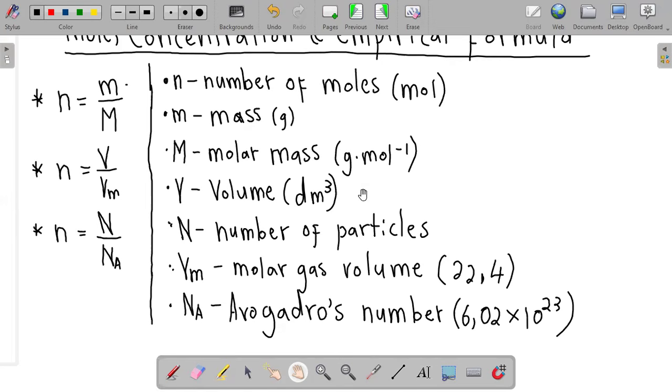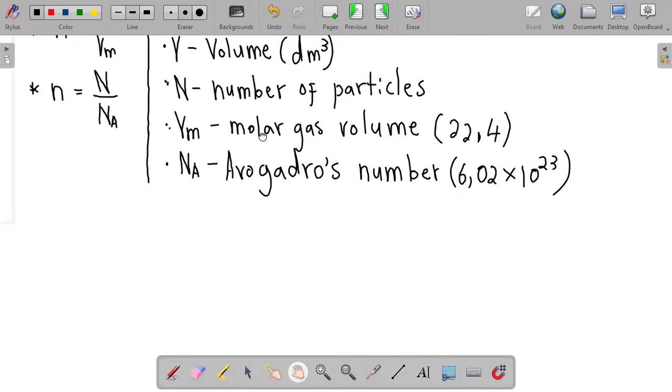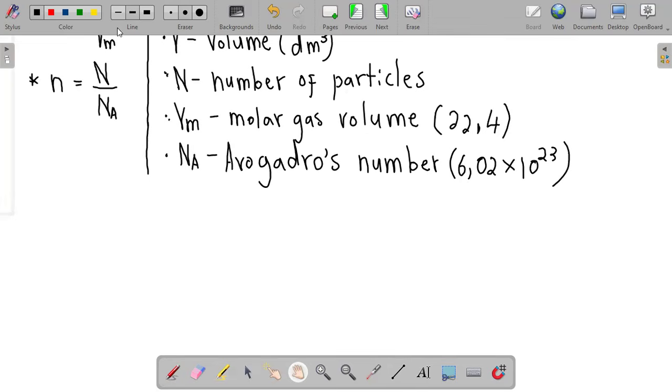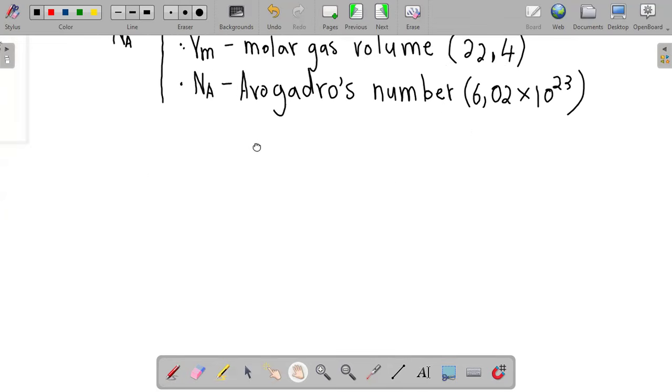Now, for the definition of a mole, the definition is also important here.